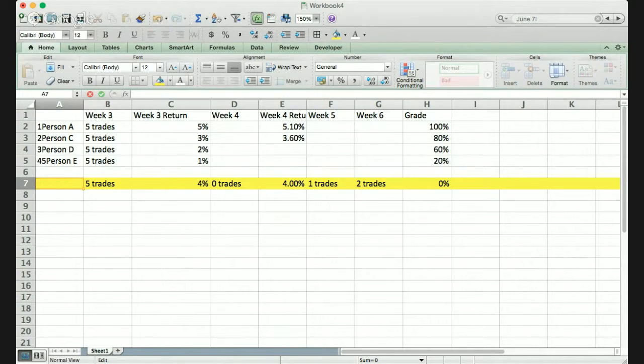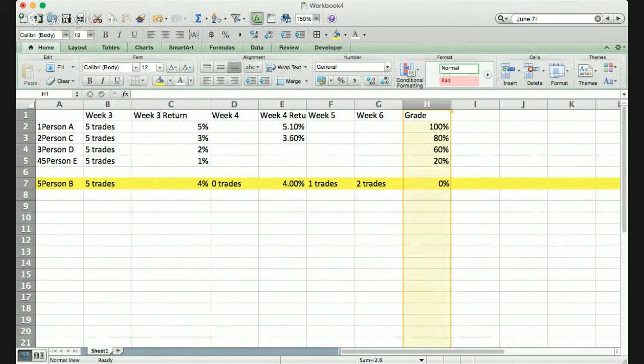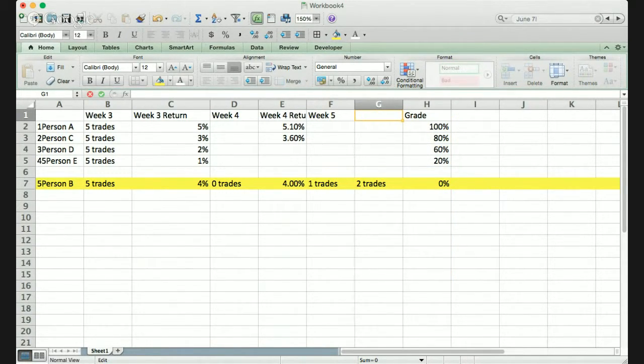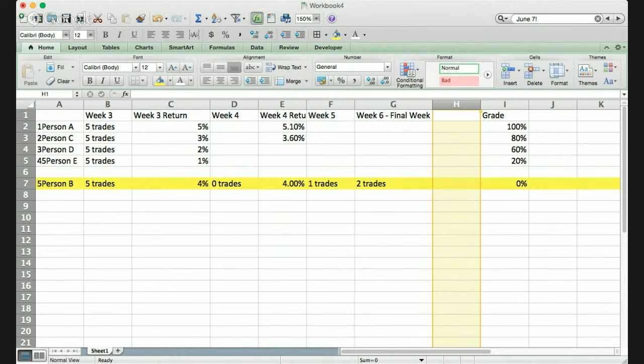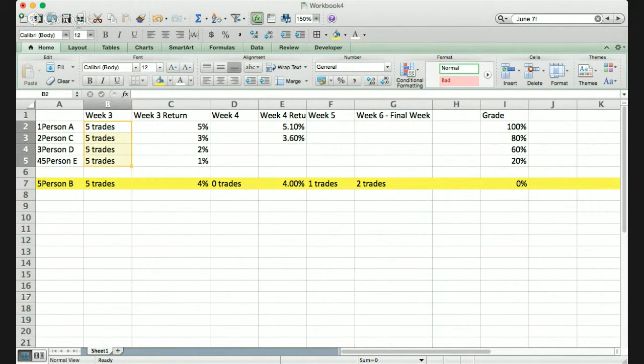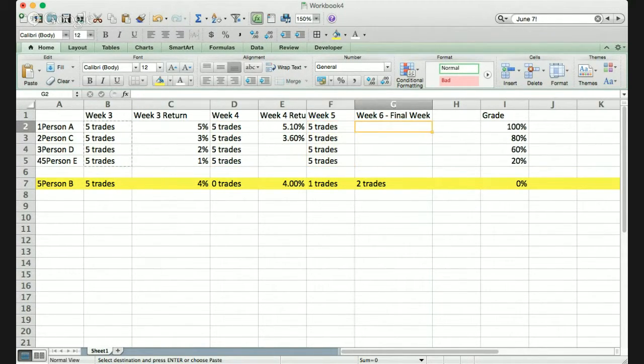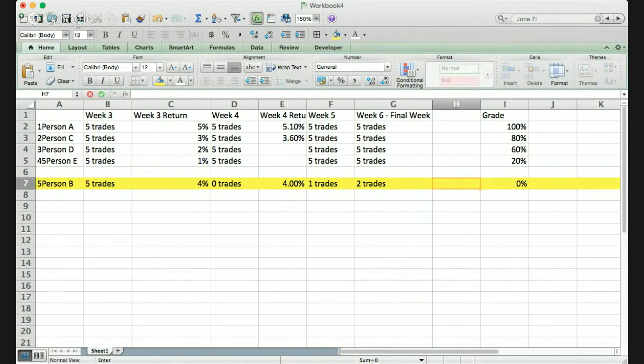Person B would drop down to 5th place. Even if at the end of week 6, and let's say this is the final week, I look at their returns, and these folks all did their 5 trades all the way along, because they hadn't been participating, I would drop them down to 0.